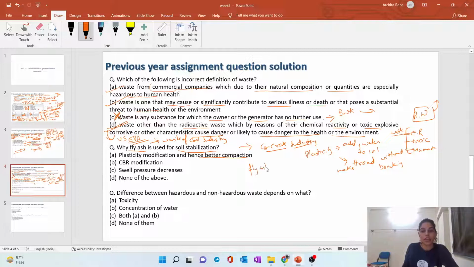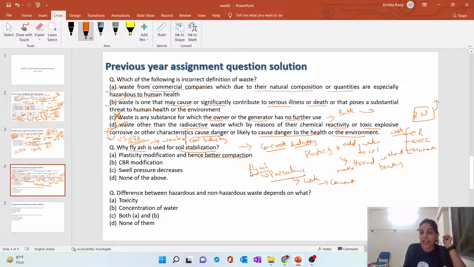In the last class I discussed that it is a pozzolanic substance. Okay, so it is something which in itself has no use, but once it comes in contact with water, it has cementing properties. It can bind so well and so quickly that it helps in better compaction.